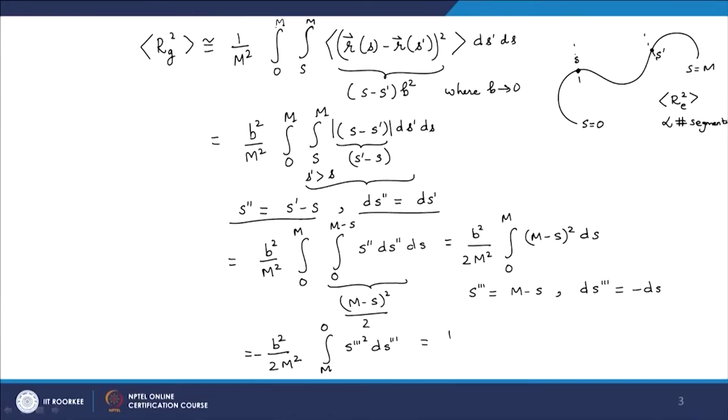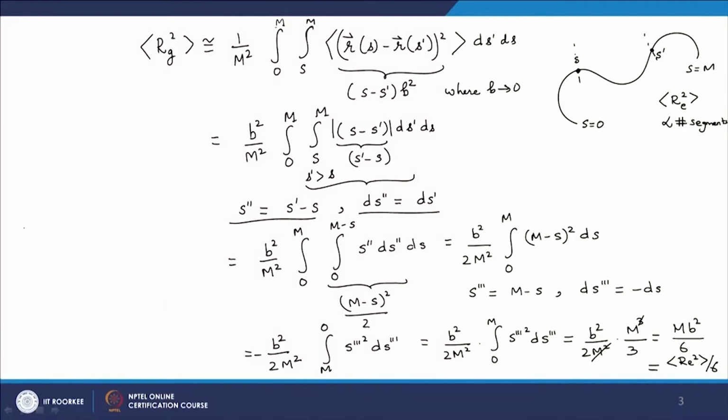And then we have an m cube by 3 here, and that gives me, we have certain cancellations, m b square by 6, which really means Re square by 6, because Re square averaged is m b square. So, if I divide by 6, we get the Rg square average.